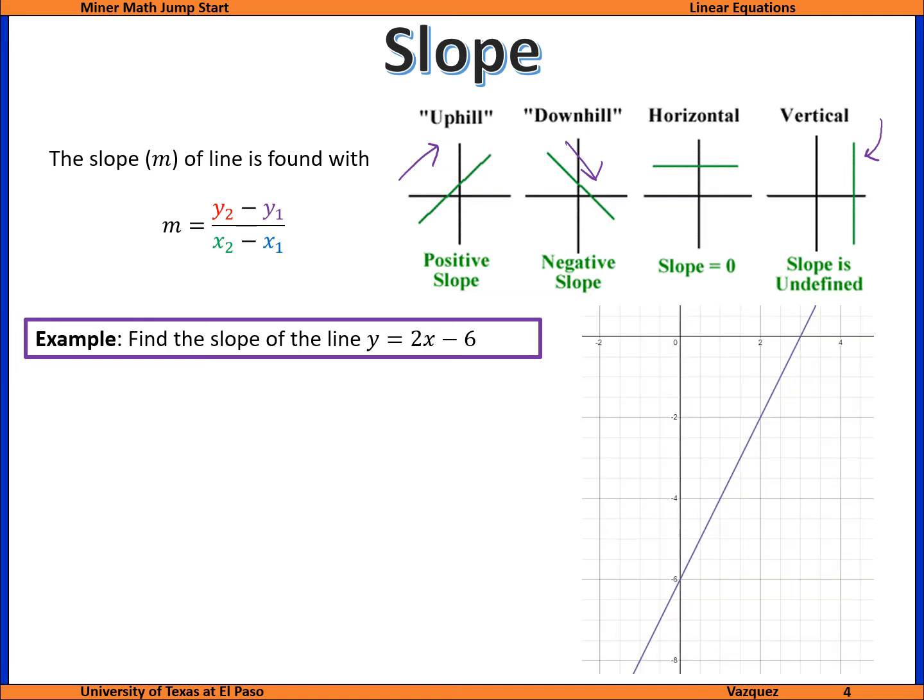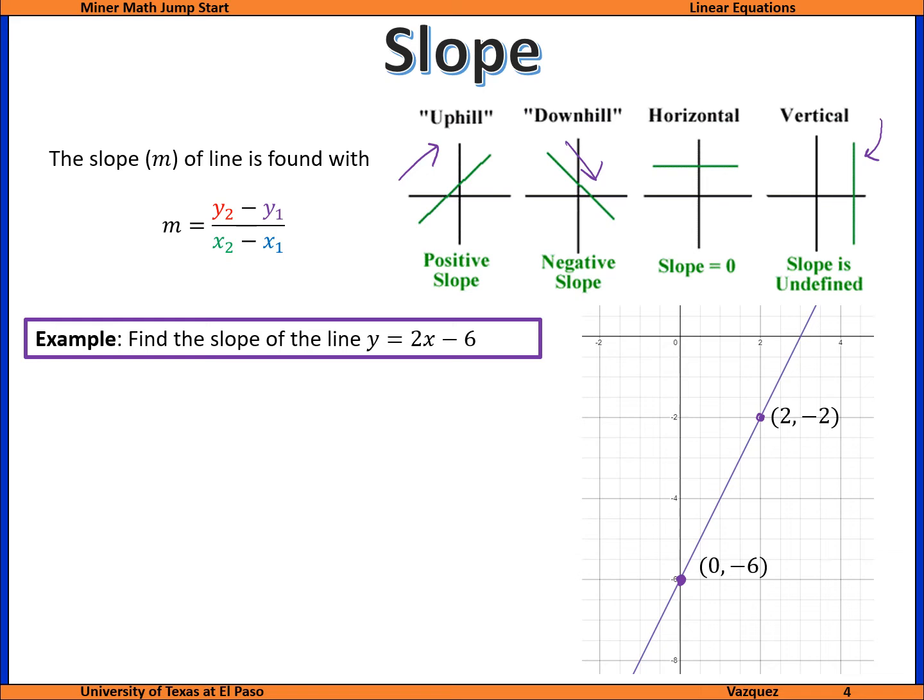Now, if they provide a line for us, and as a matter of fact, this is the line from the slide before, we can choose any 2 points on the line. In this case, I'll point out the little points here, 0, -6, and 2, -2.